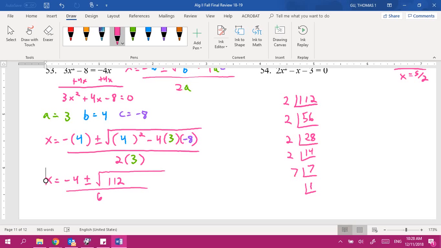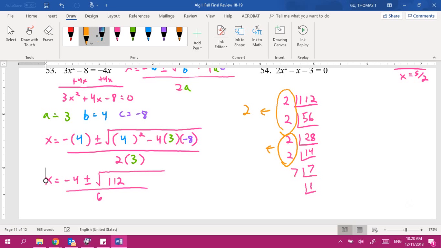So now this is a good method to find out what the square root is, because you're going to circle pairs. So I have a pair of 2's right here, right? I have another pair of 2's right there. Okay? So each pair comes out as just one number. So this pair of 2's comes out as a 2.